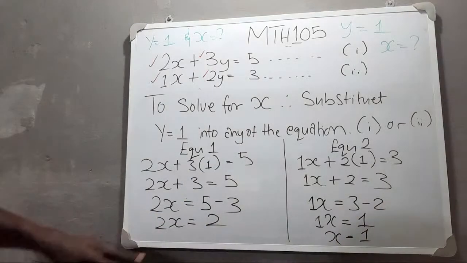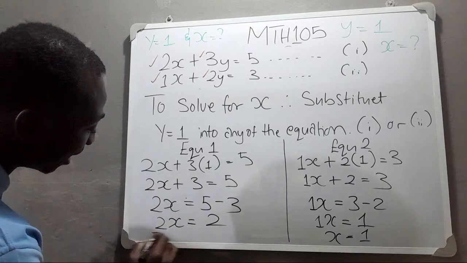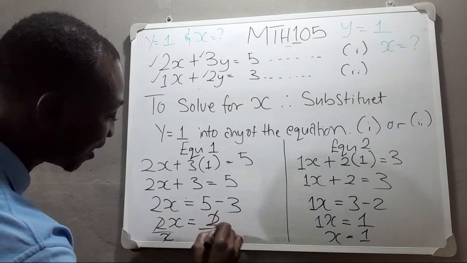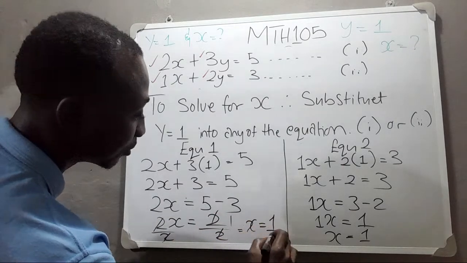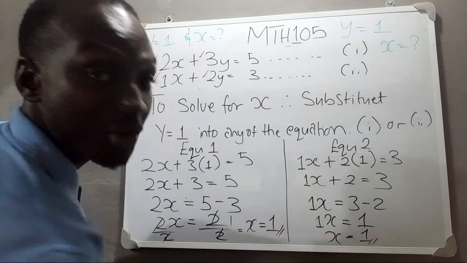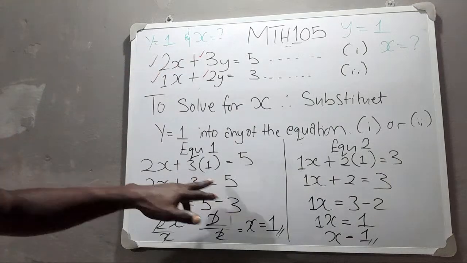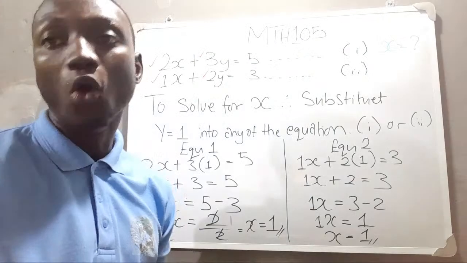So for this one, we have 2x equals 2. So divide both sides by 2. We divide here, we are left with x. We divide here, we are left with 1. So now x equals 1. When you substitute y equals 1 in either equation 1 or equation 2, you have your answer as 1, 1.